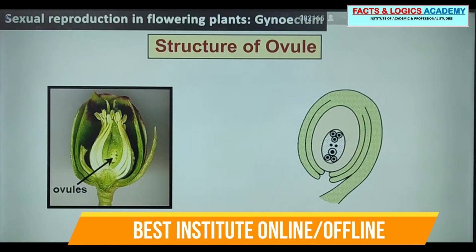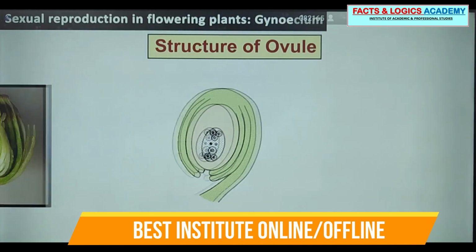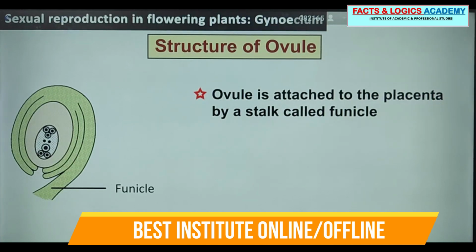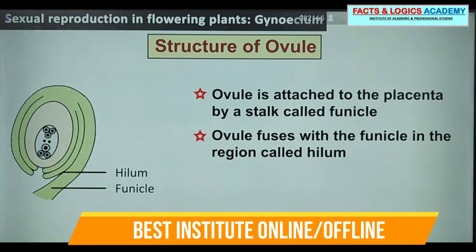The ovule is a small structure attached to the placenta by means of a stalk called funicle. The body of the ovule fuses with the funicle in the region called hilum. Thus, hilum represents the junction between ovule and the funicle.